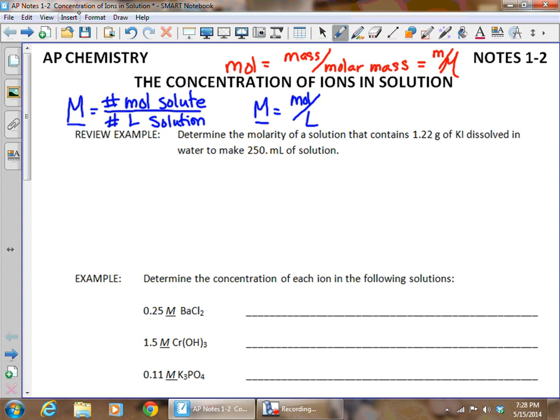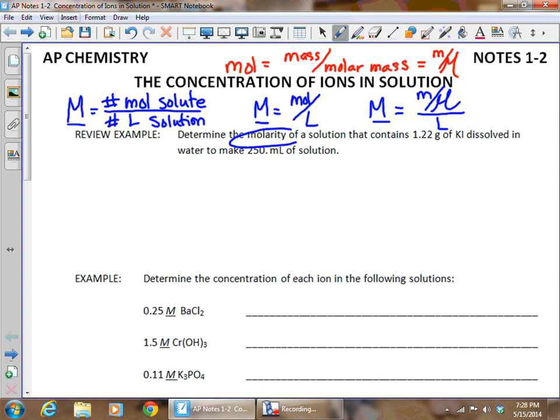So we've got lots of M's in this, and it's really important that we write our variables correctly so it's not any more confusing than it already is. So molarity can also be written as mass over molar mass over liters. Depending on what it gives us and what it asks us for, we'll determine which of those two equations we want to use.